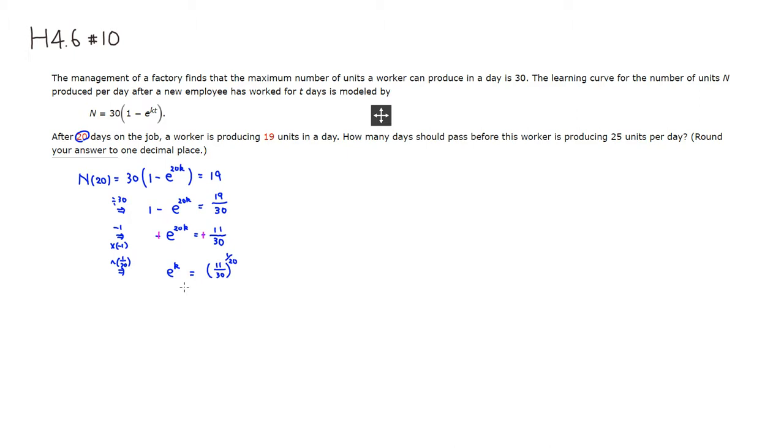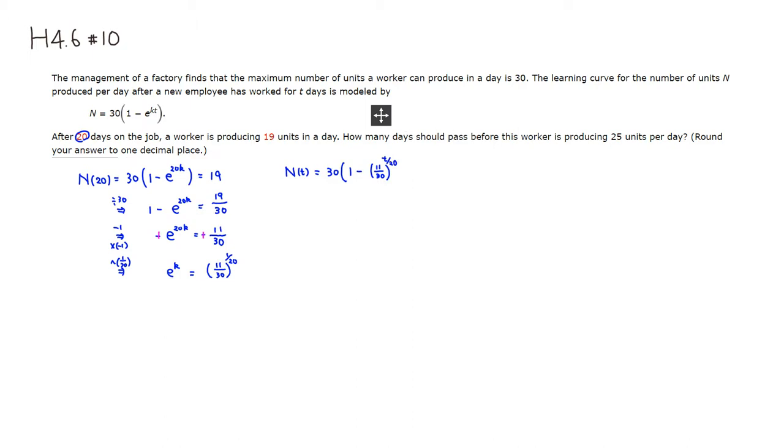So this gives us N of t. N of t is equal to 30 times (1 minus 11 over 30 to the t over 20).